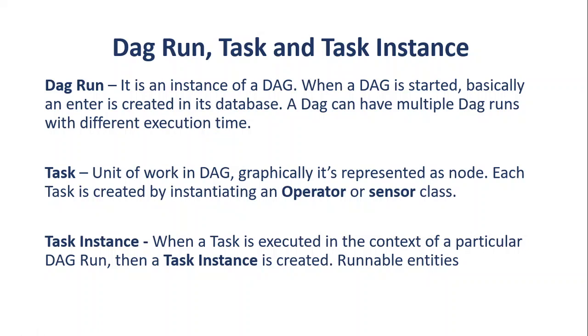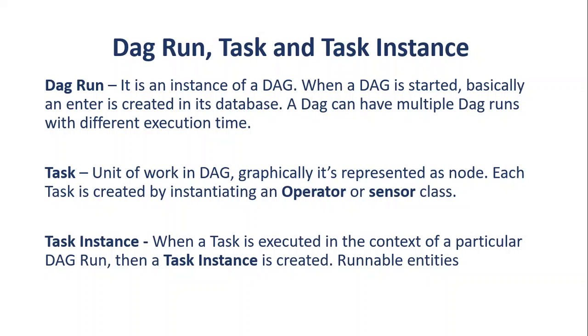Before looking into the structure or the code of a DAG, there are a few things we need to understand. The first one is the DAG run. A DAG run is just an instance of a DAG. When a DAG is started, an entry is created in the database by the scheduler, and that's how we track how many times our DAG runs. So if a DAG runs 5 times a day or 10 times a day, we will see 5 or 10 DAG runs stored in our database.